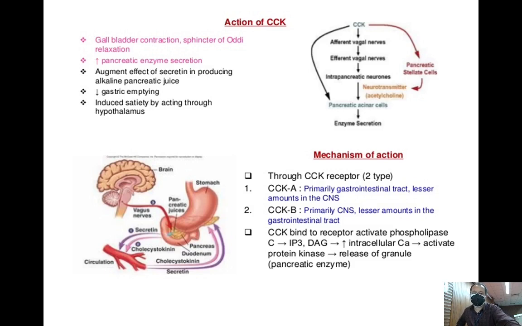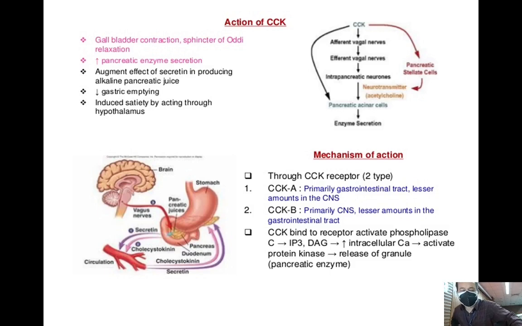You see, in secreting the enzyme from the pancreas, you need to have some kind of fluid that can flow along with the enzyme, so that the enzyme can be carried from the pancreas into the intestine. So you need a medium, and the secretion of this medium is controlled by secretin.